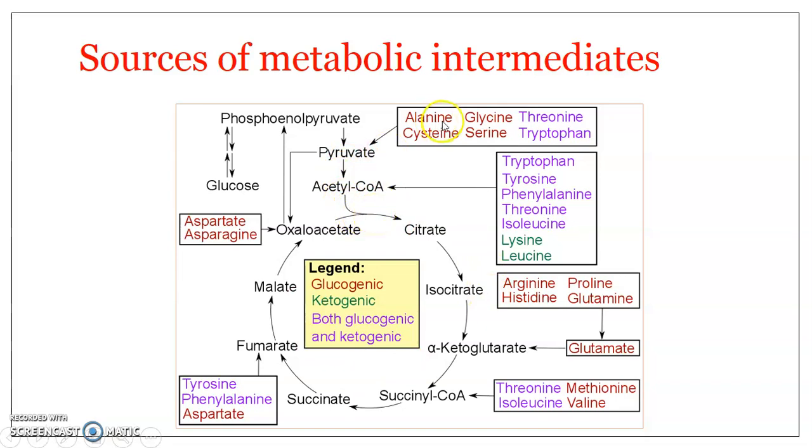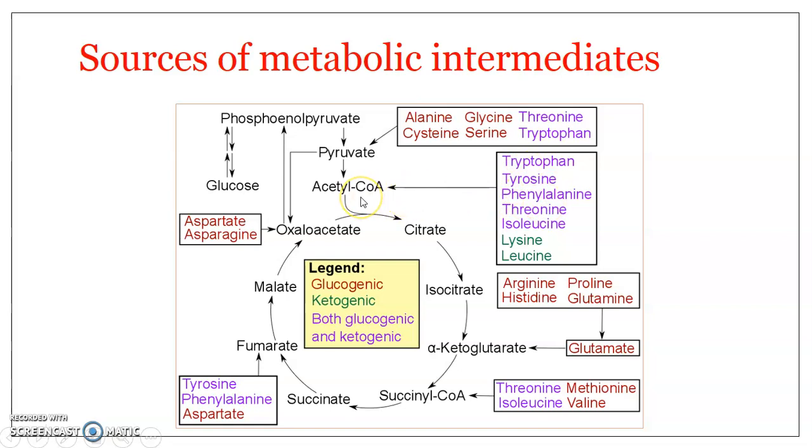Then another group: tryptophan, tyrosine, phenylalanine, threonine, isoleucine, lysine, and leucine. These amino acids get degraded to form acetyl coenzyme A. These amino acids which can be converted into acetyl coenzyme A are known as ketogenic amino acids. Why?